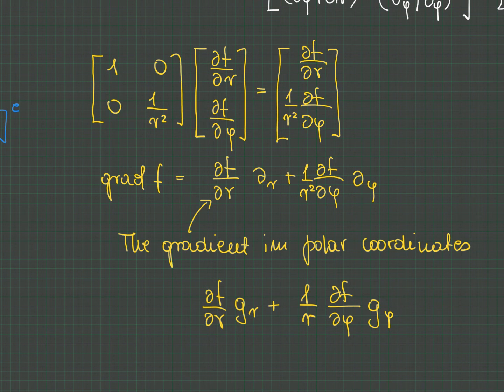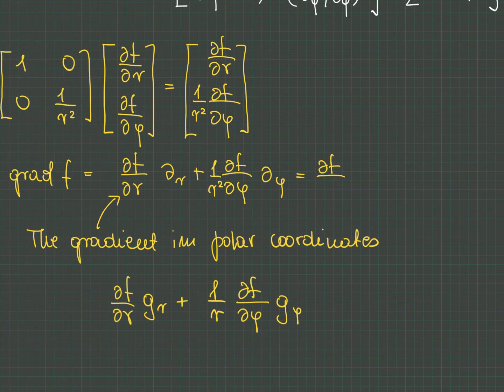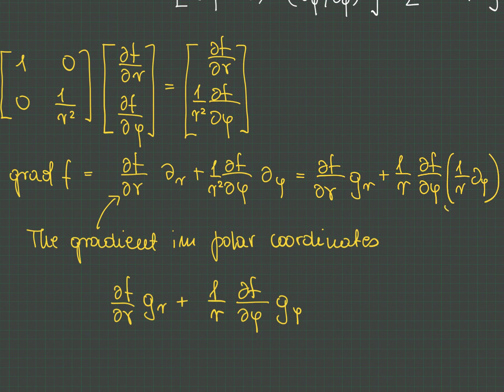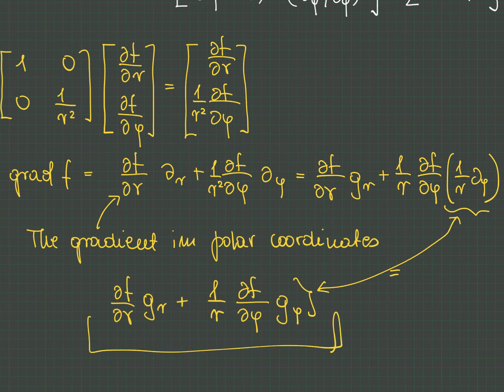The basis composed of those vectors is orthonormal, and the correspondence between e_phi and d phi is precisely by 1 over r.